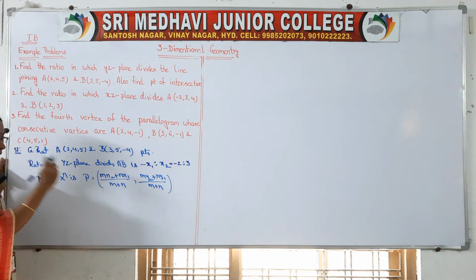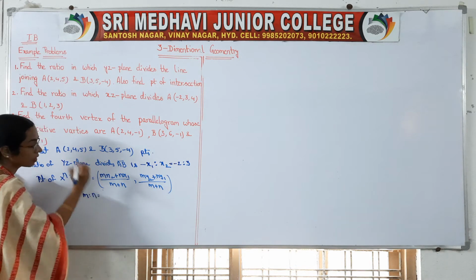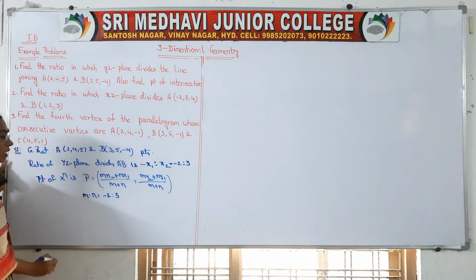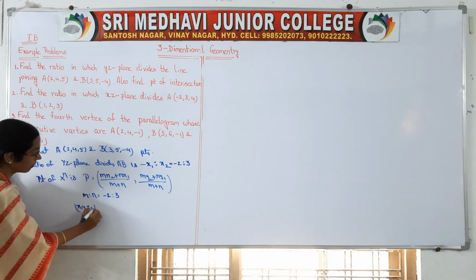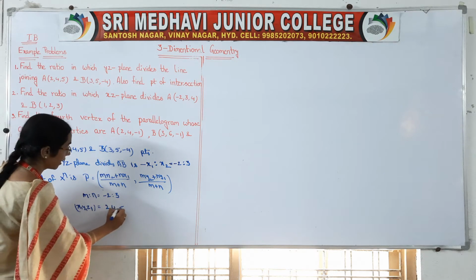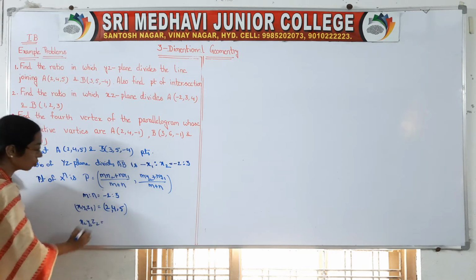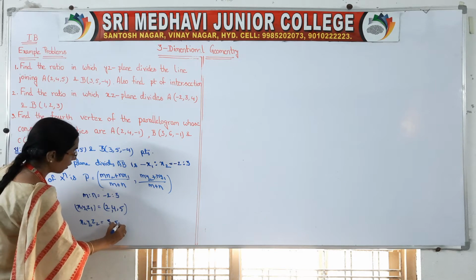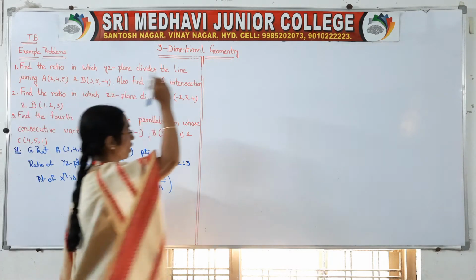What is your m, n, right? m is to n is equal to minus 2 is to 3 and what is your A point, right? x1, y1, z1 is your A point 2, 4, 5, right? And your x2, y2, z2 is equal to, come on, what is that point? 3, 5, minus 4.